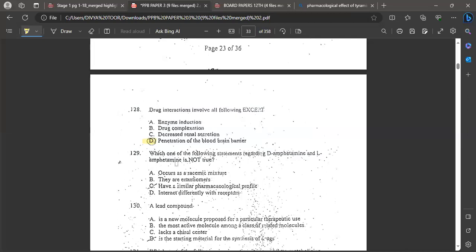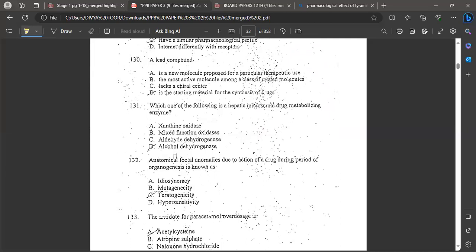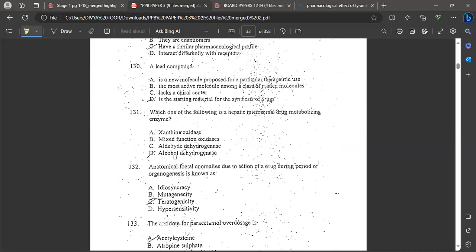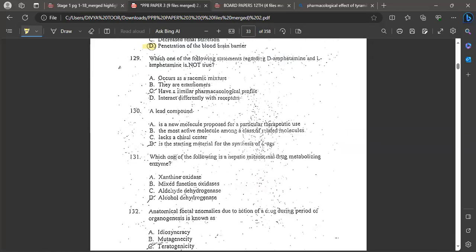Okay, which of the following statements regarding D-amphetamine and L-amphetamine is not true? Oops, sorry. What at 9:30 p.m.? What's wrong? Sorry. So it's not true. Okay, the options are occurs as a racemic mixture, enantiomers.